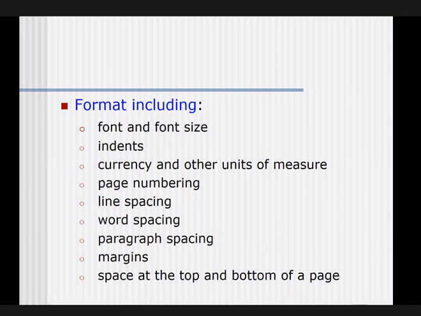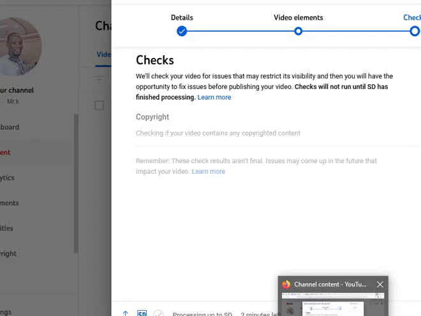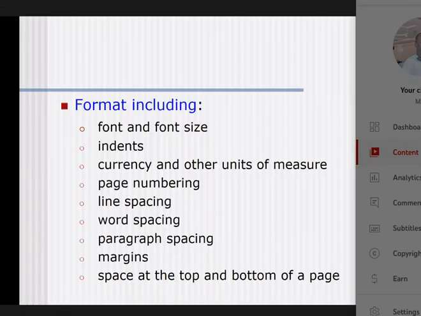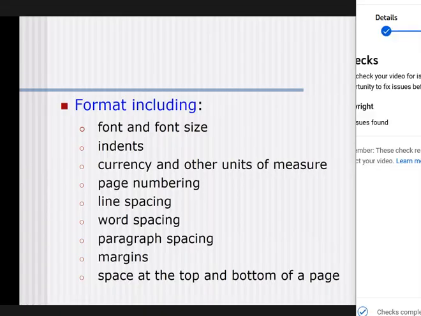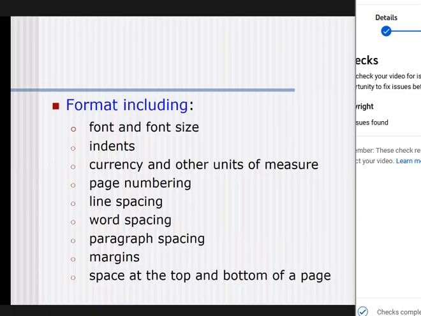Be consistent in the font and be consistent in the font size. Don't use different fonts and don't use different font sizes. The indents also be consistent. These come about when you are paragraphing your work.